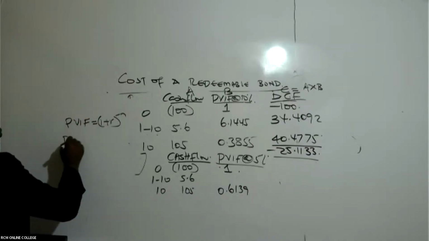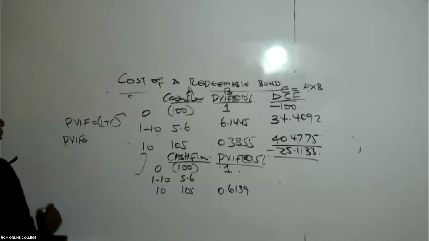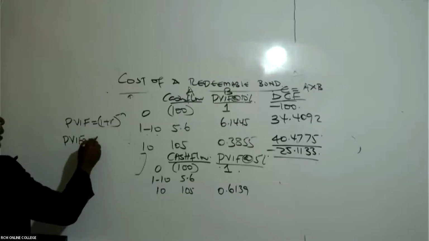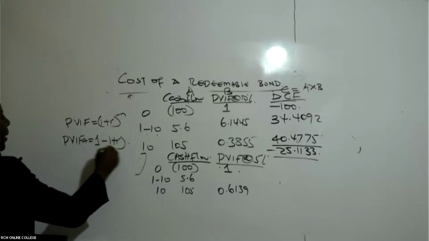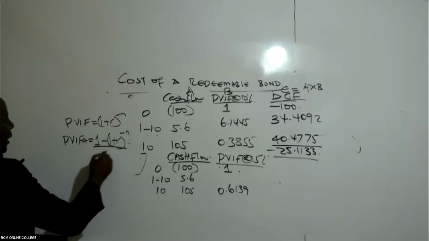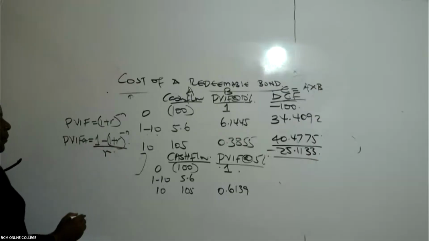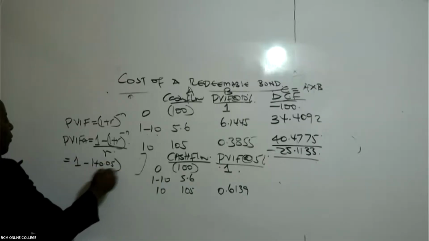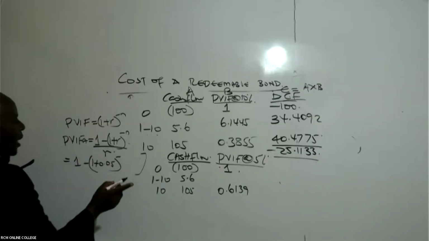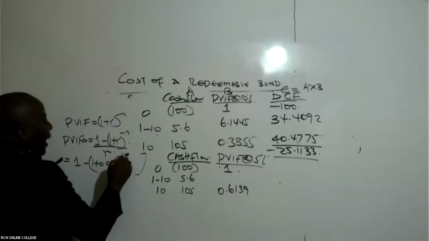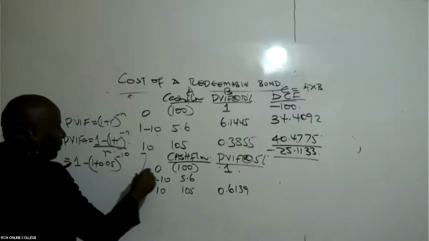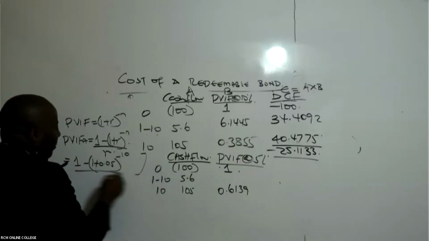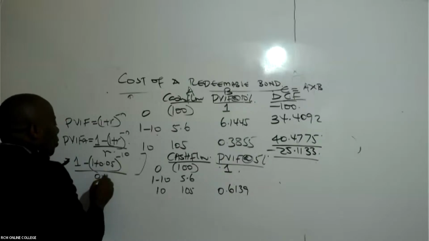To get PV5, ladies and gentlemen, we take 1 minus 1 plus r raised to negative n, divided by r. So this will be 1 minus 1 plus 0.05 raised to negative n, where our n in this case is 10, because there are 10 years, divided by 0.05.